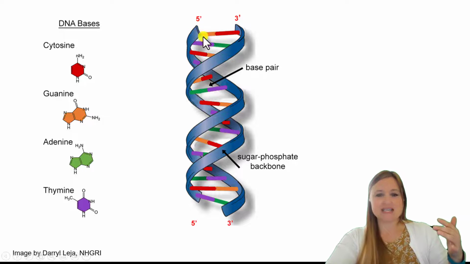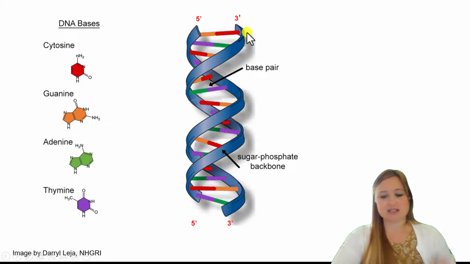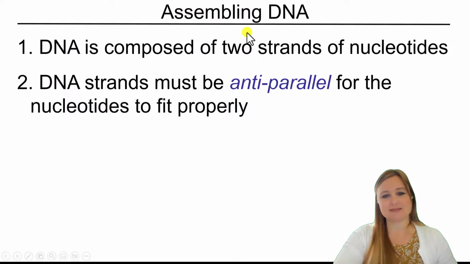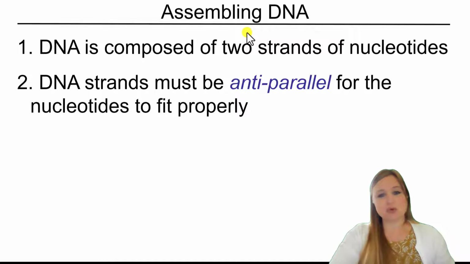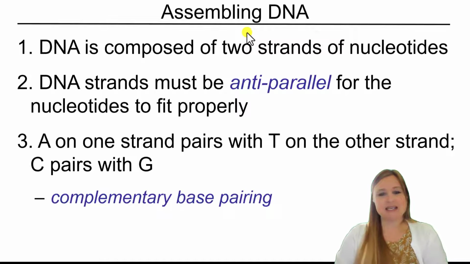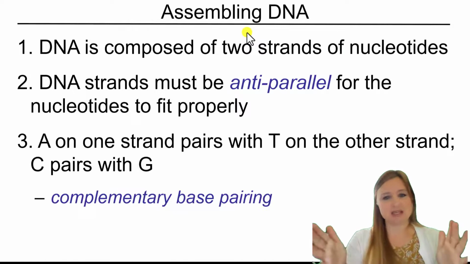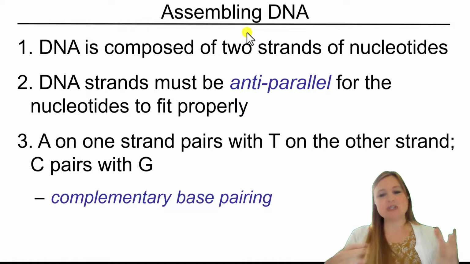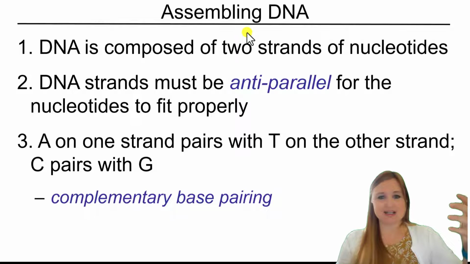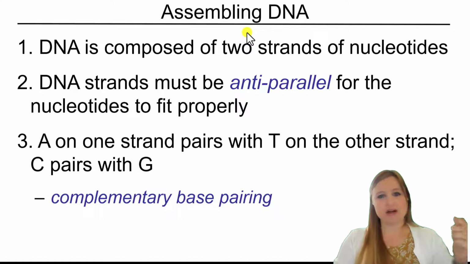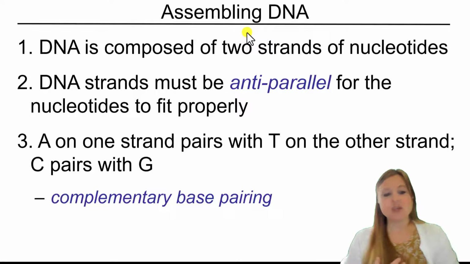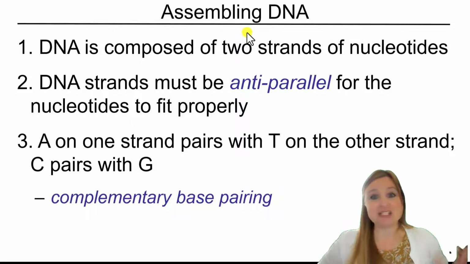A nucleotide on one strand, and the other base is part of a nucleotide on the other strand of the DNA. And that's our third rule about assembling DNA, is that adenine on one strand of DNA is always going to pair with thymine on the other strand. And the same is true for cytosine on one strand and guanine on the other strand. We call this complementary base pairing.